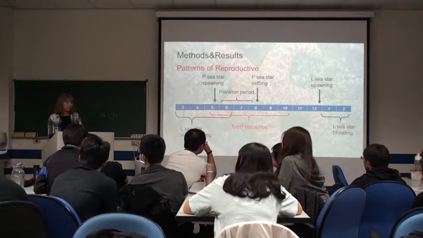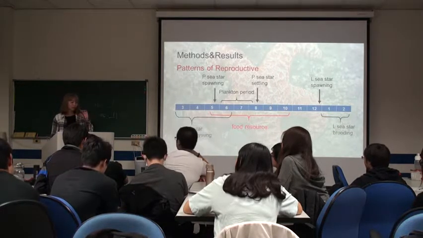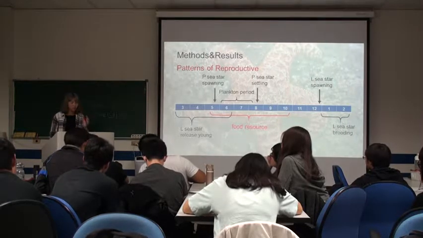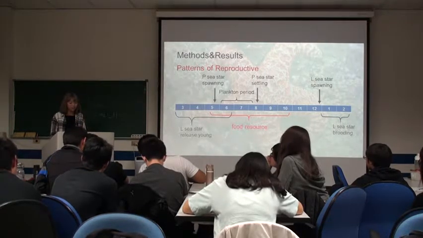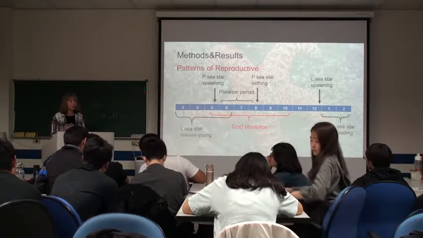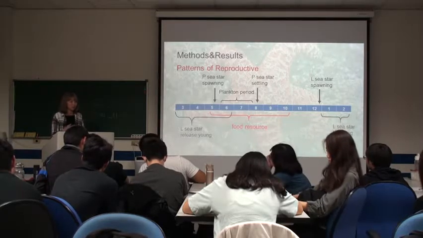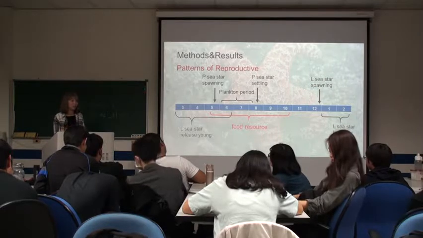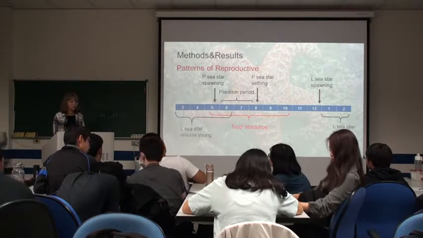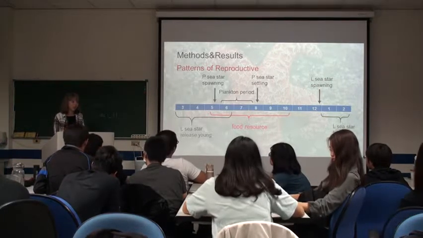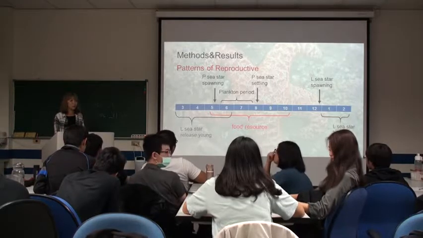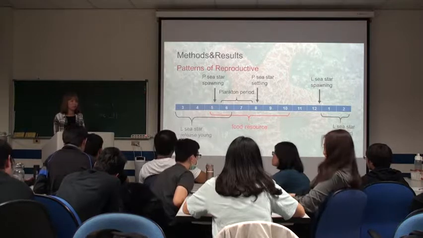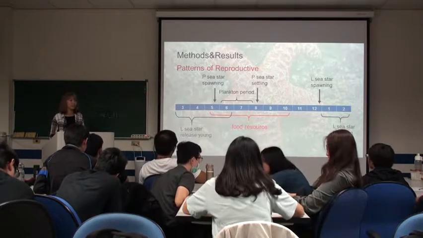Yeah. I think it's yes, because PC star offspring can grow up to adults. Maybe they release millions of gametes, but only two or more offspring can grow to adulthood.